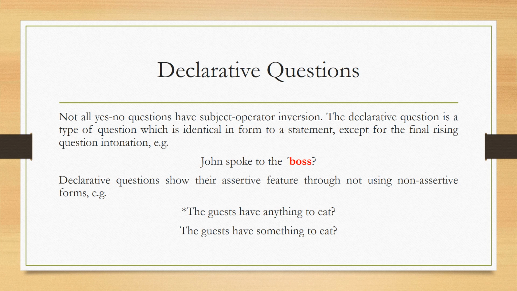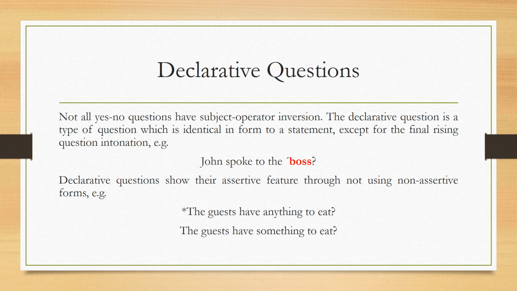Another type of question that is also similar to yes/no questions in their answer and in their tone is called declarative questions. Here it is said that not all yes/no questions have subject-operator inversion.